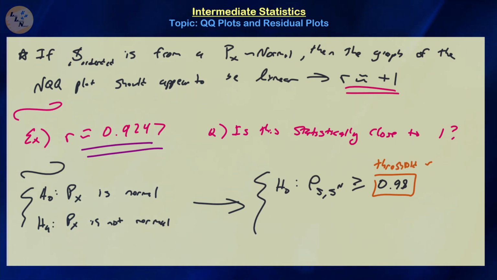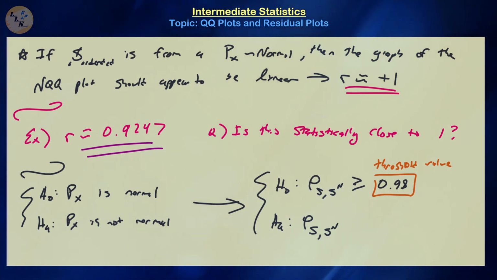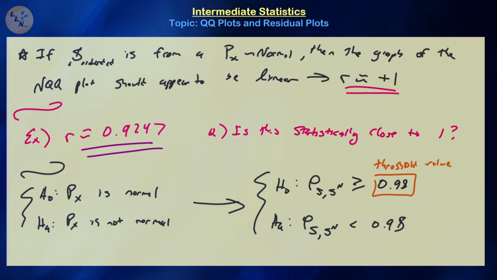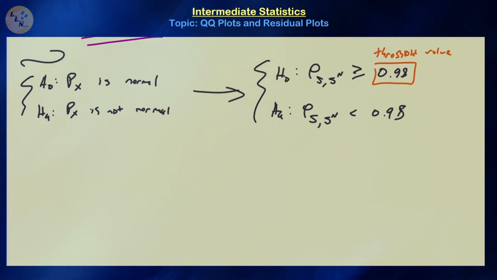But this is what we call our threshold value, right? And an alternative is that the correlation coefficient between S and our normally distributed data set is less than 0.98, or our threshold value of choice. Now, how can we test this particular perspective? Well, we do know a test statistic for the correlation coefficient.